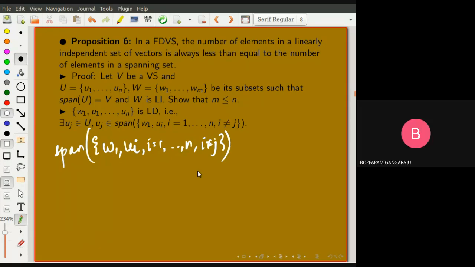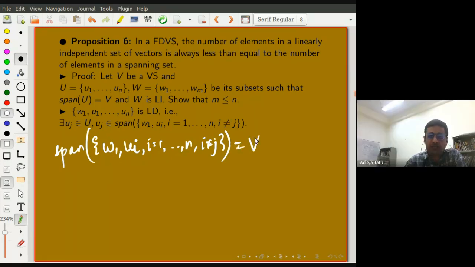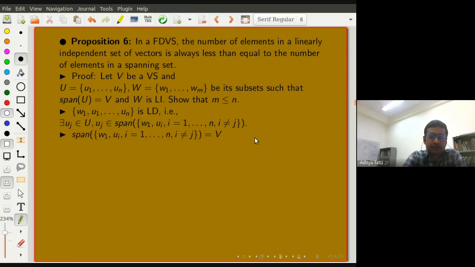It will be equal to V. So therefore we end up with a different spanning set. The important thing to note here is that the number of elements in the spanning set is still n. We have just replaced one u by a w.